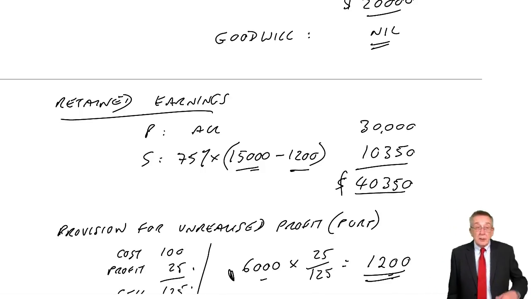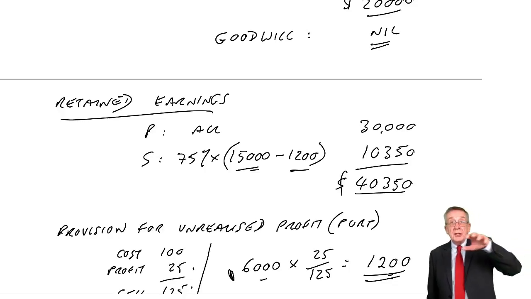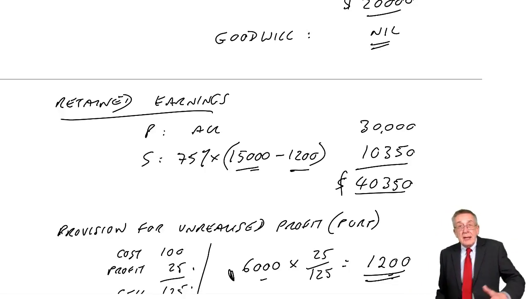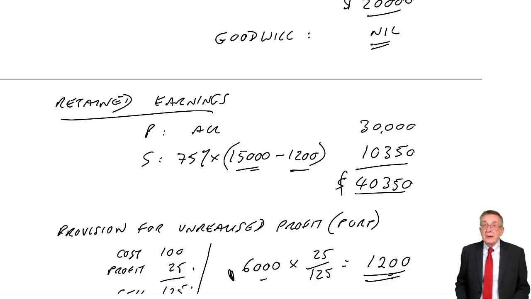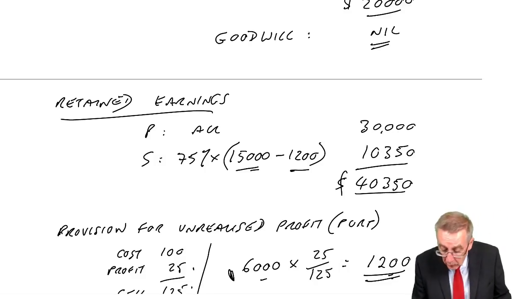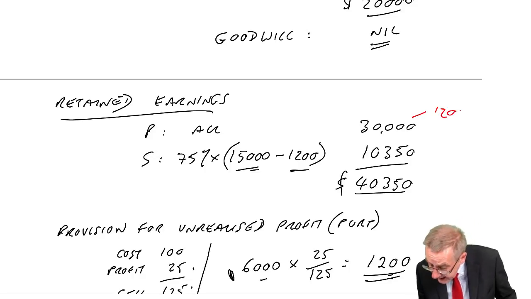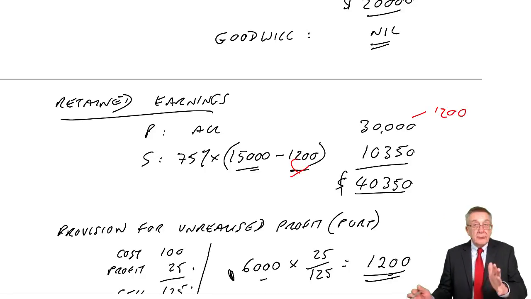Had it been the other way round, had P sold the goods to S, then it would have been P who'd taken the profit, and therefore we'd remove it from P's retained earnings, not from S's.